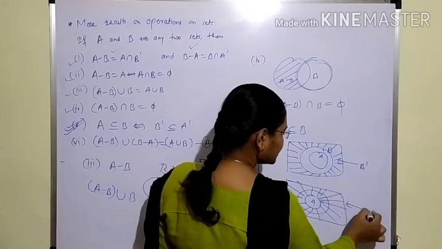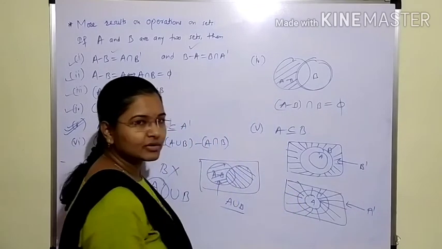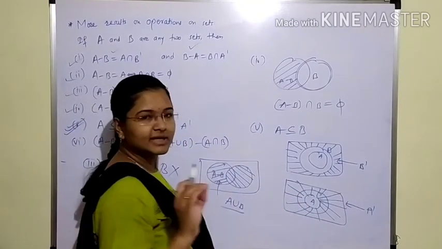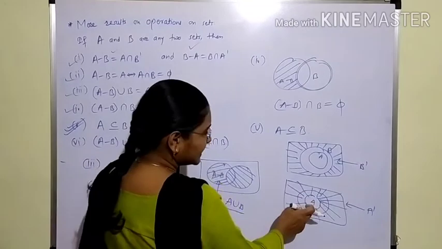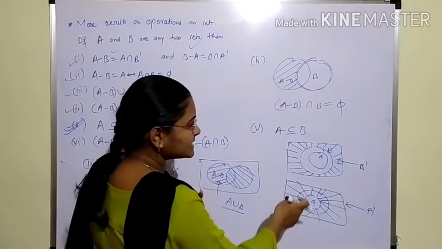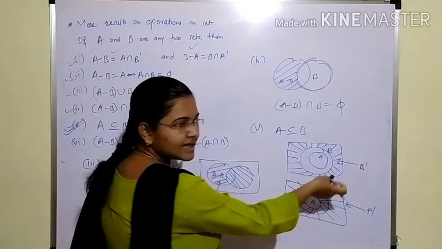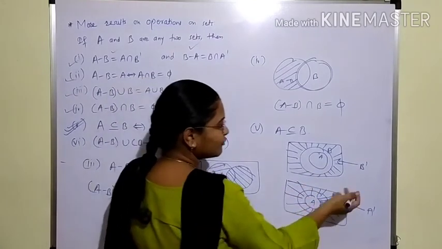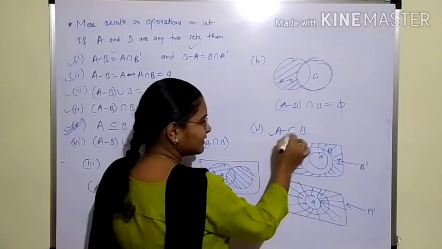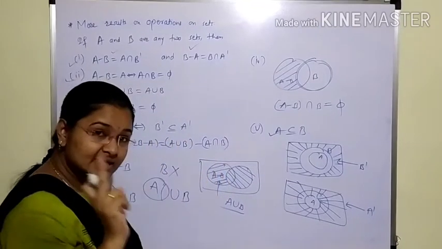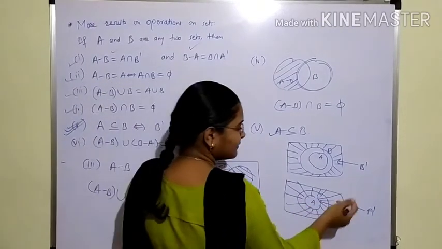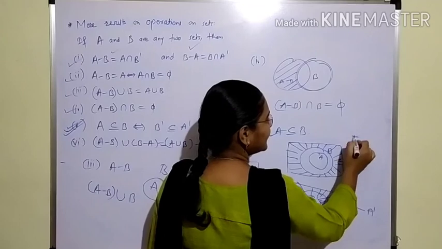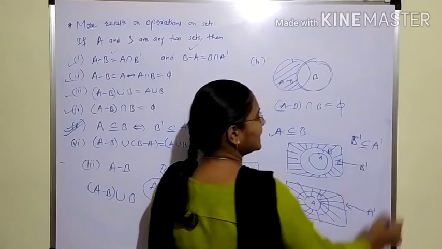You can compare this properly, students. That's why I have drawn the two Venn diagrams. Now here clearly you can observe that set A complement is the biggest set which contains B complement. Means from this Venn diagram, if we have considered A is a subset of B, in this case only we have B complement contained in A complement.